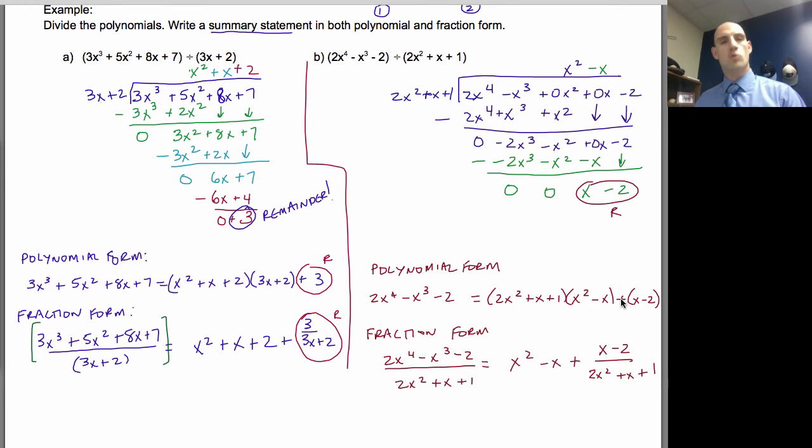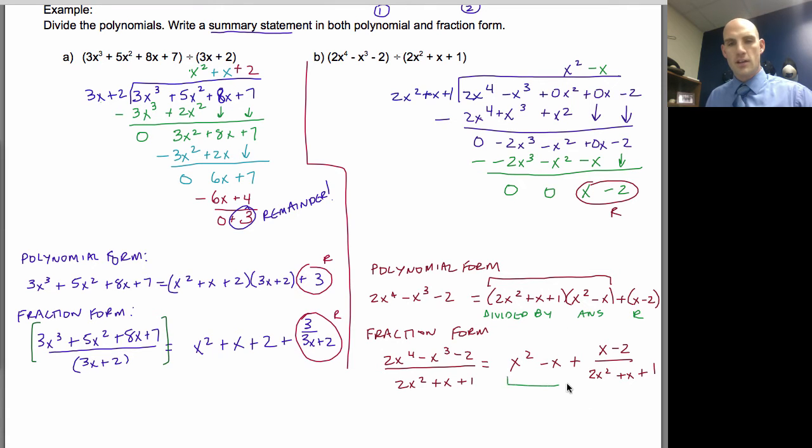Notice, they have similar qualities, but the polynomial form is what I divided by times my answer and my answer, and this is my remainder.